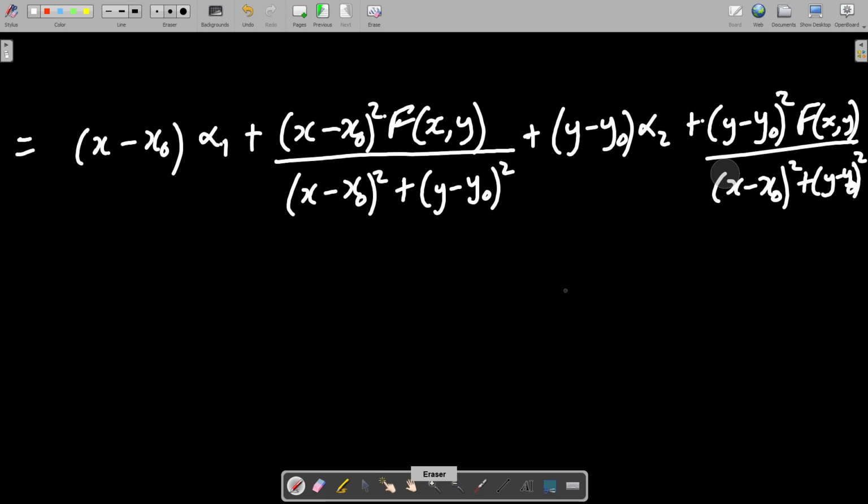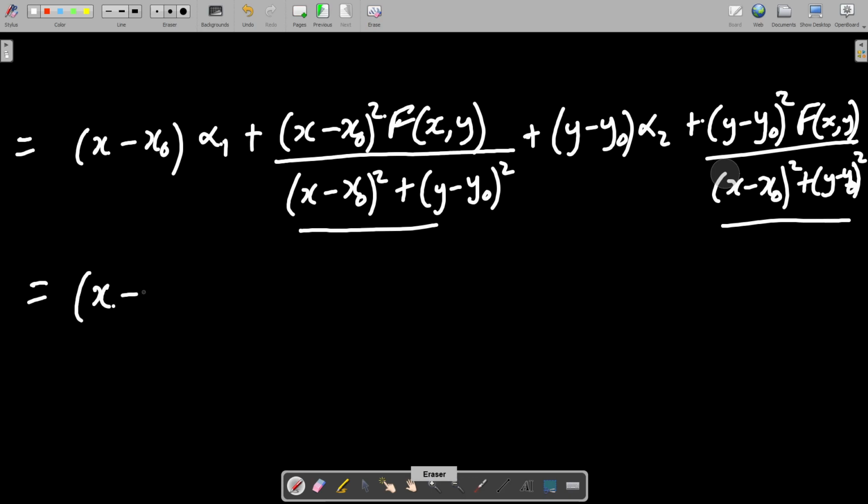Okay, so do you see some terms coming common? Yes, you can combine this expression and this expression. F of xy will come out common over there, so numerator is equal to denominator, multiplied by f of xy, so that term cancels out and becomes 1.